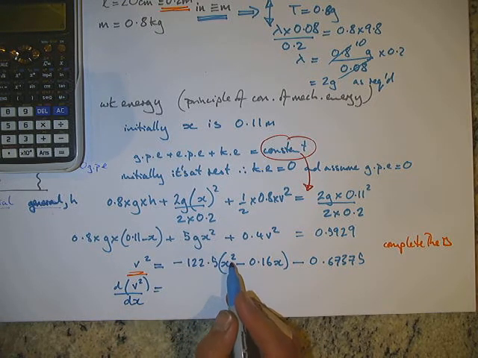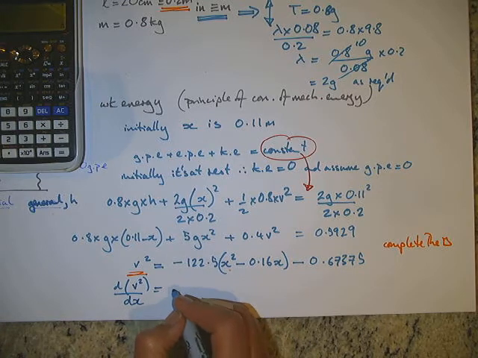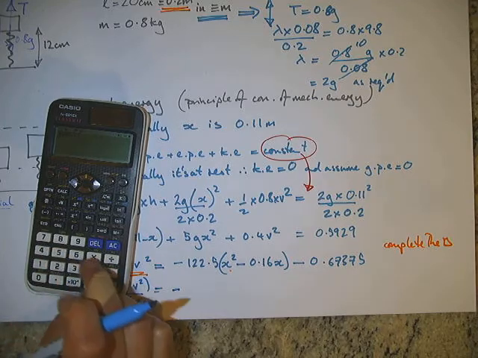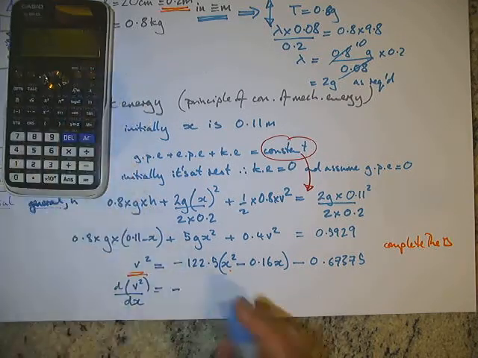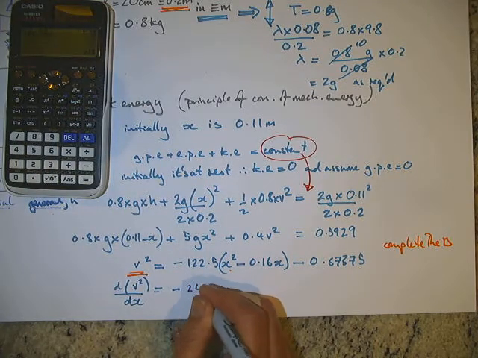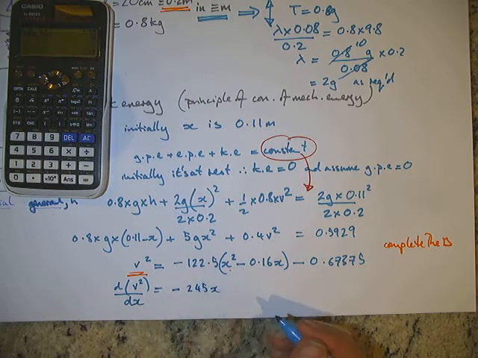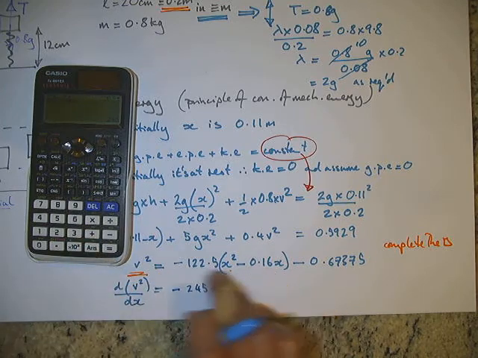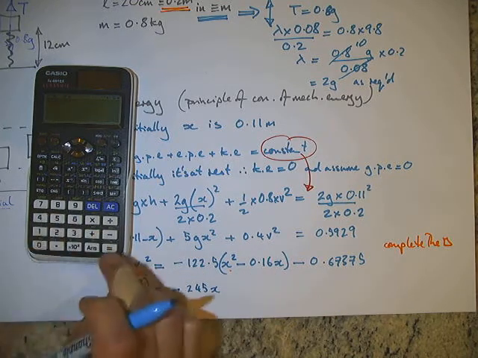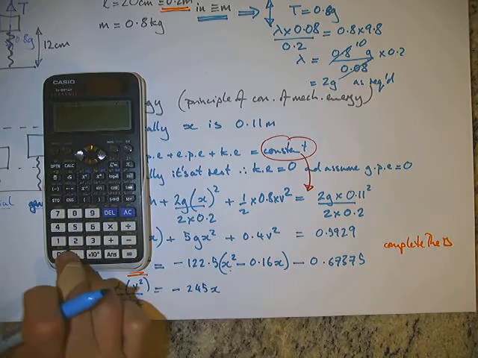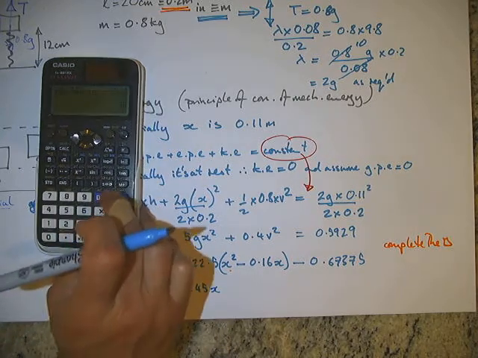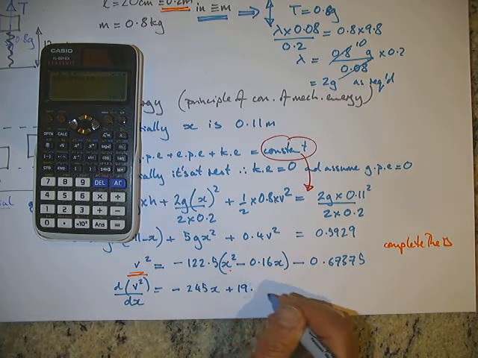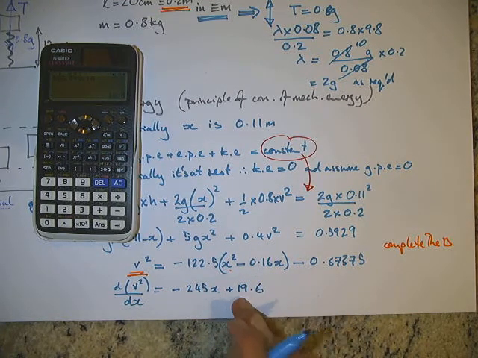So we've got double that value. 122.5 times 2 is 245. So minus 245 x plus that times that, 122.5 times 0.16, which happens to be 2g.